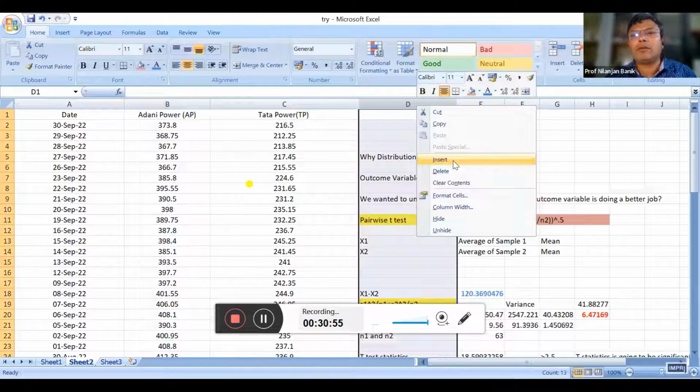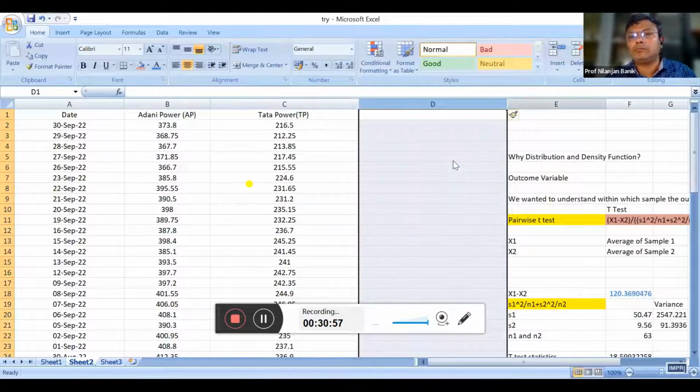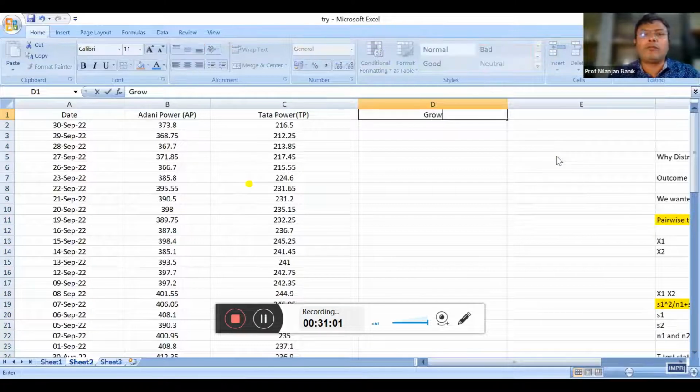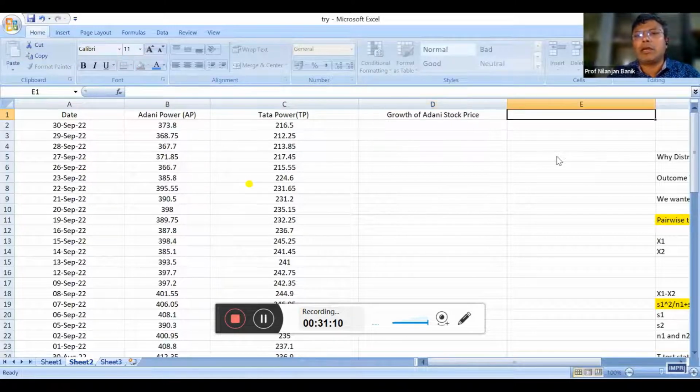let's insert some columns. So here I should look into the growth of, I think this is what Vaishali was trying to argue, the growth of Adani stock price and the growth of Tata Power stock price.